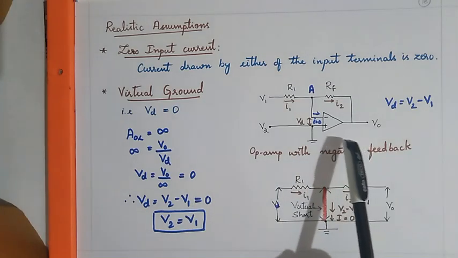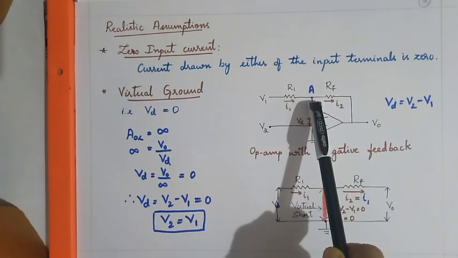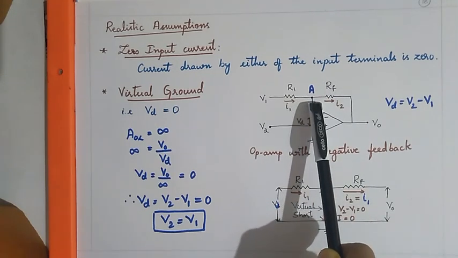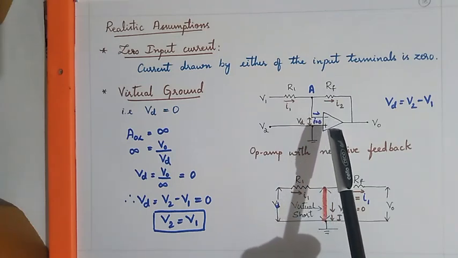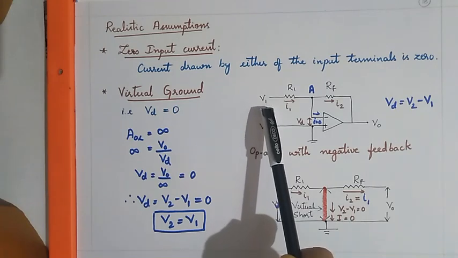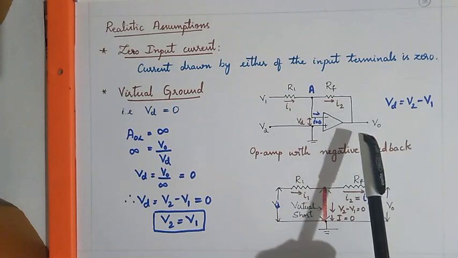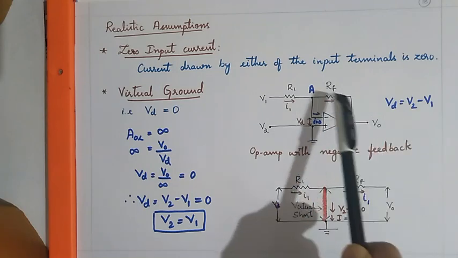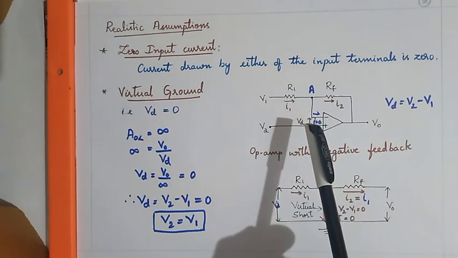Because of this feedback resistor, a part of the output is also fed back to the inverting terminal. Since the input is connected through the inverting terminal, the output is inverted, so the output which is fed back is in antiphase, that is, in opposite phase.